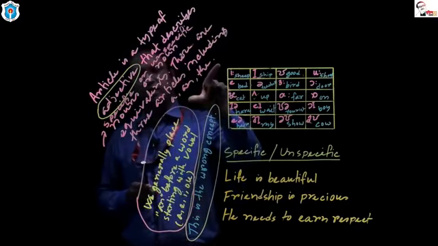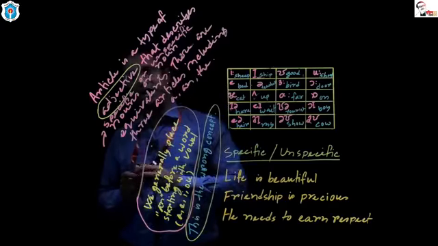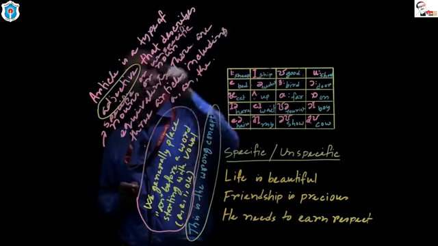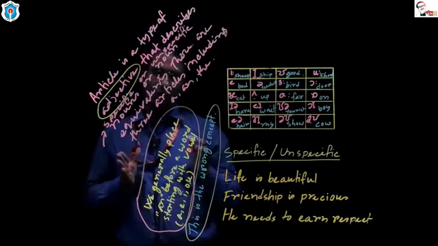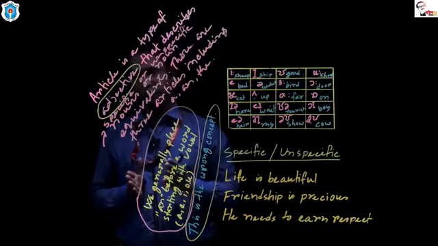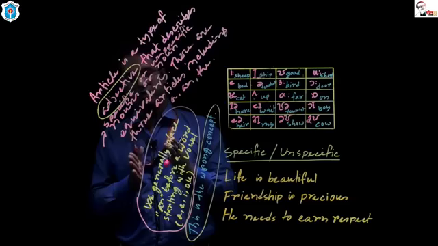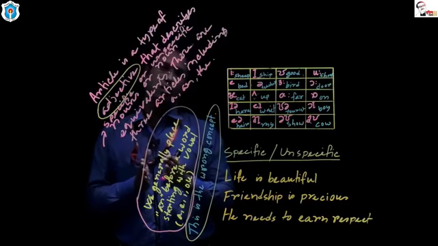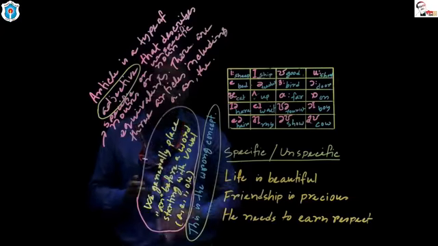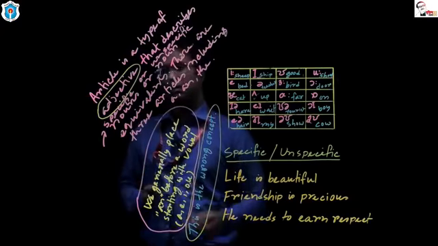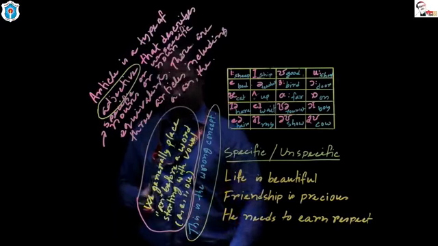So these three articles describe specific or unspecific nouns, or noun equivalents. Those words are called article.